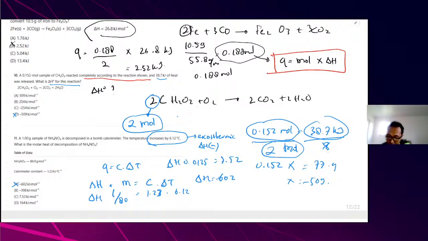So why delta H is negative is because the temperature increases.